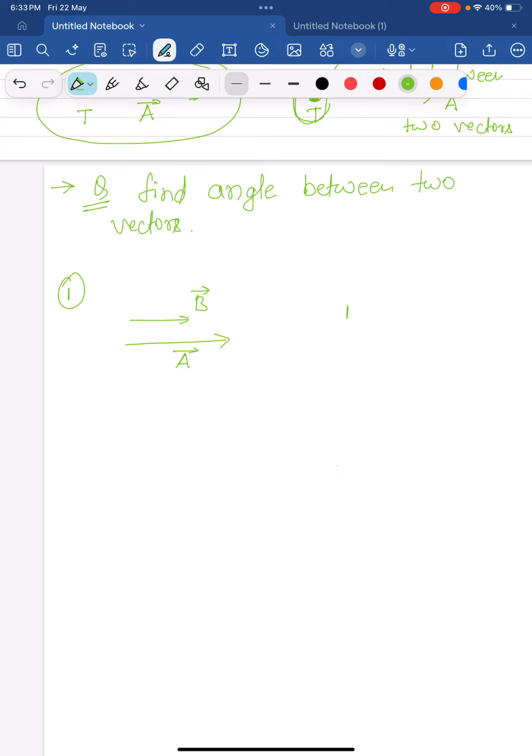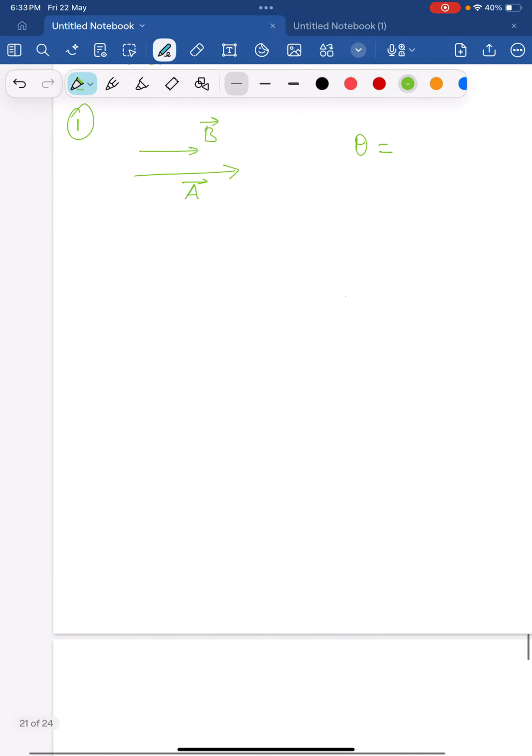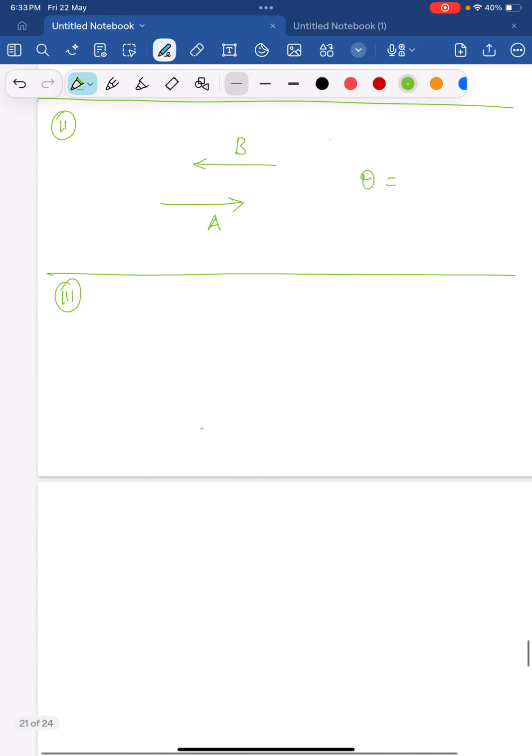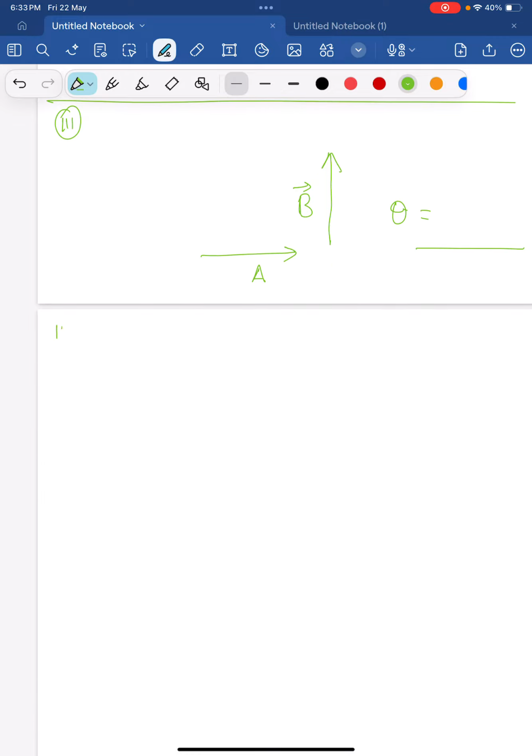You have to find theta, the angle between A and B. In the next question, question number 2, there is a vector A and a vector B, and you have to find the angle between A and B. In the next question, there is a vector A and a vector B, and you have to find the angle between vector A and vector B.